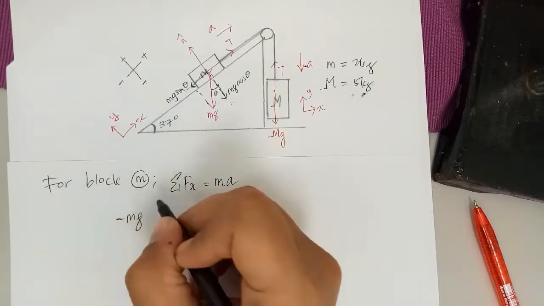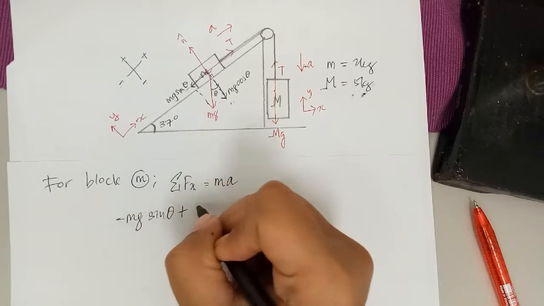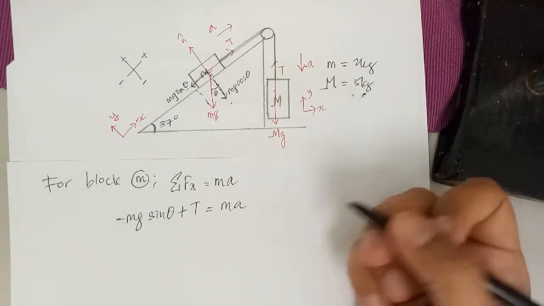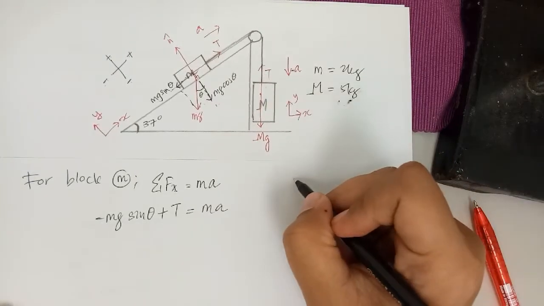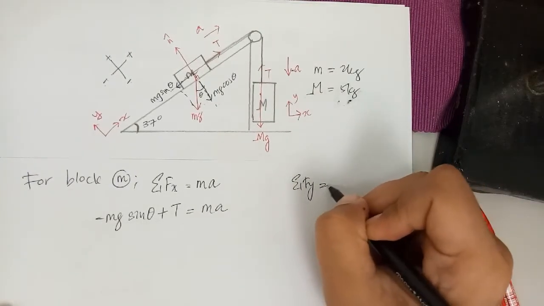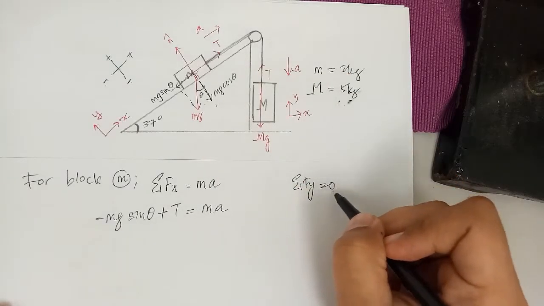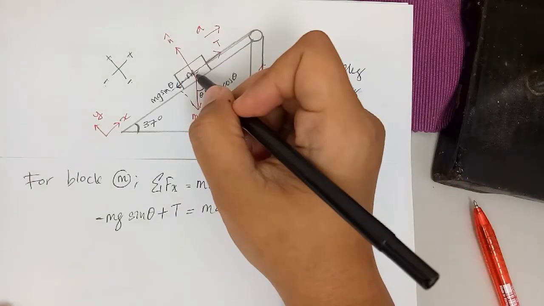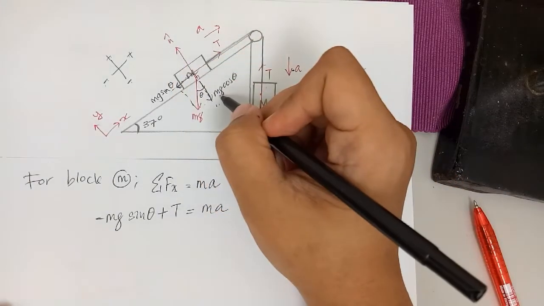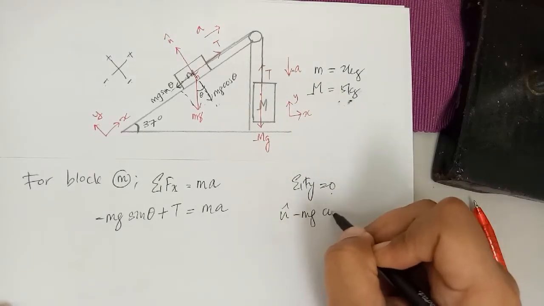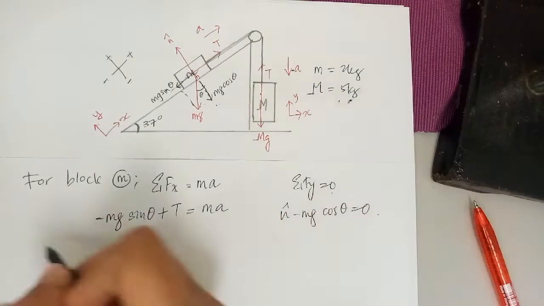So tension minus mg sin theta equals ma. What are the forces in the y direction? Since there is no movement in the y direction, all the forces in y must be 0. We have the normal force and also mg cos theta. So N minus mg cos theta equals 0. Okay, done.